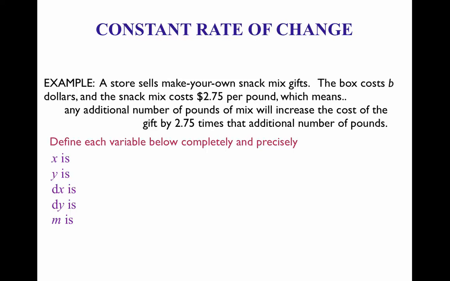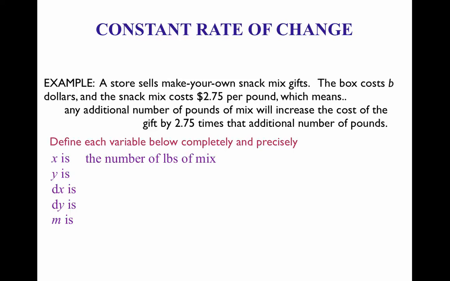Okay, here we go. What is X? The number of pounds, agreed? The number of pounds of mix, agreed. All right, what is Y? No, it's not value. What's it?